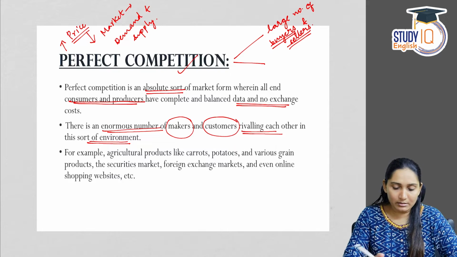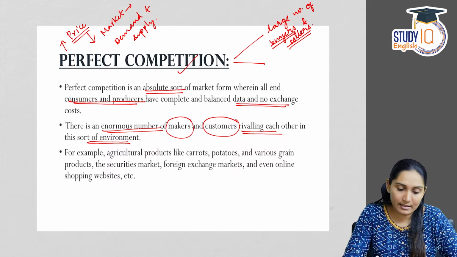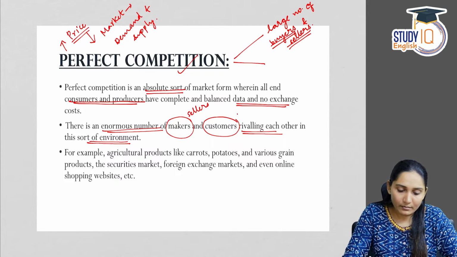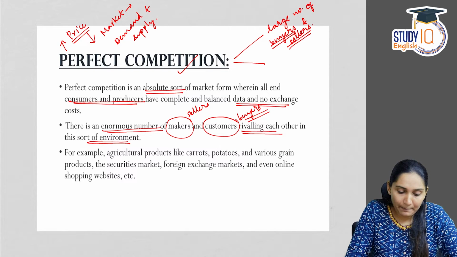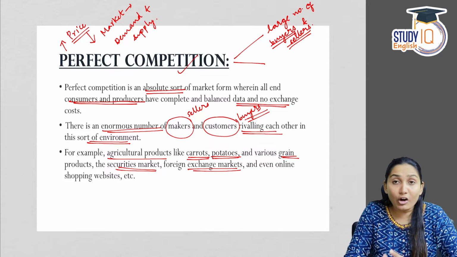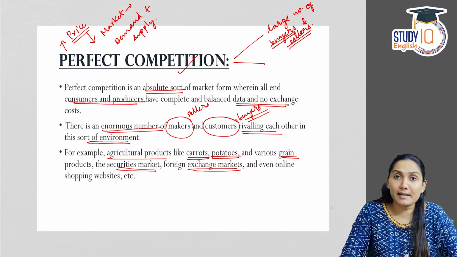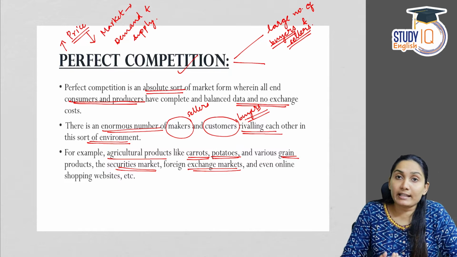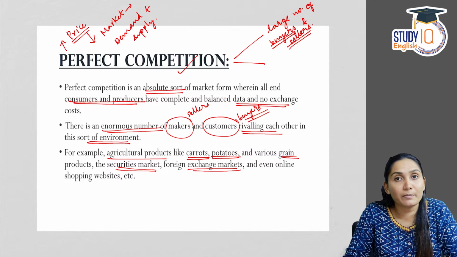So there are lots of sellers and buyers. For example, agricultural products like carrot, potato and various grain products, the securities market, foreign exchange market, online shopping websites, all these are examples of perfect competition where there are a large number of buyers and a large number of sellers.